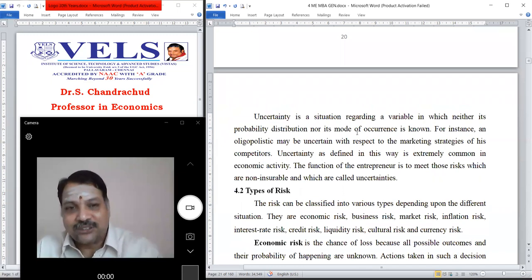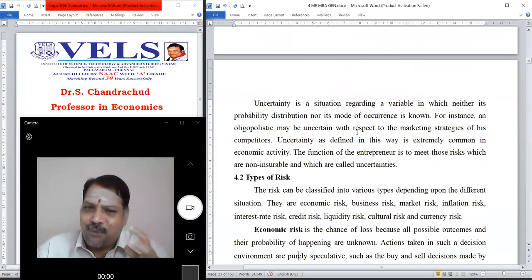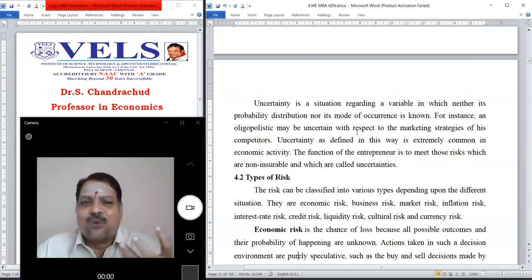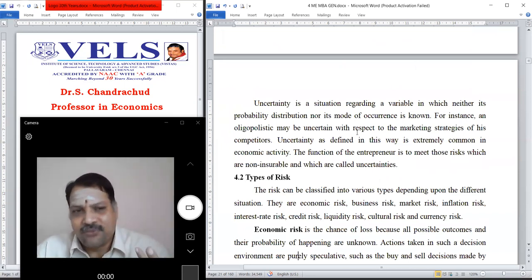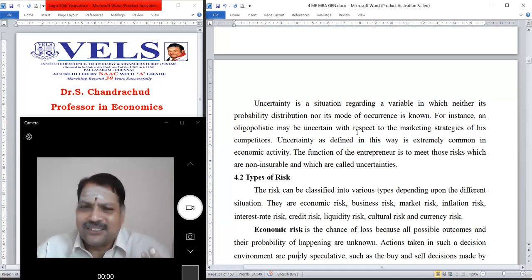Uncertainty is a situation regarding a variable in which neither its probability distribution nor its mode of occurrence is known. For instance, an oligopolist may be uncertain with respect to the market strategy of his own competitors. We may define it in this way. Uncertainty is extremely common in economic activity.